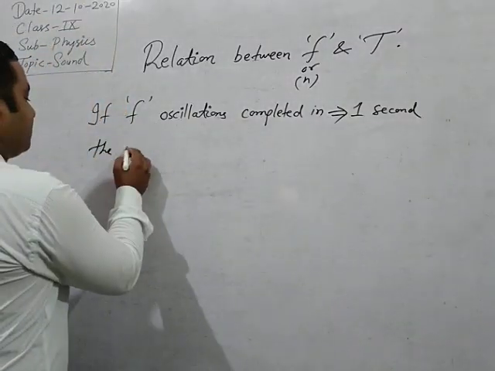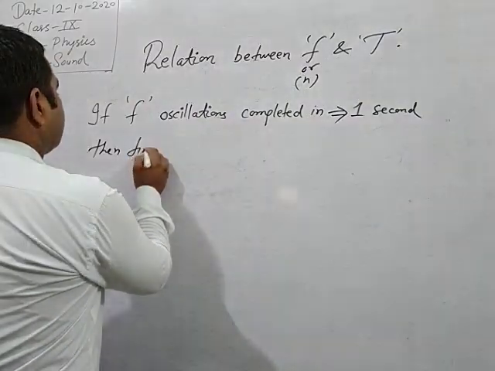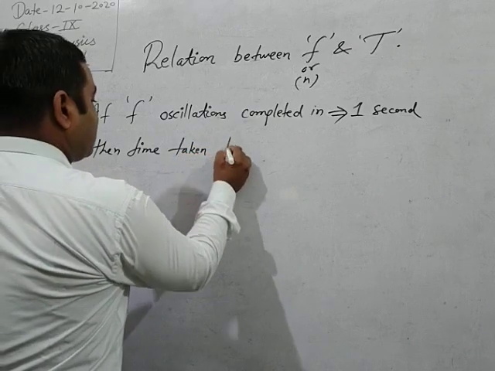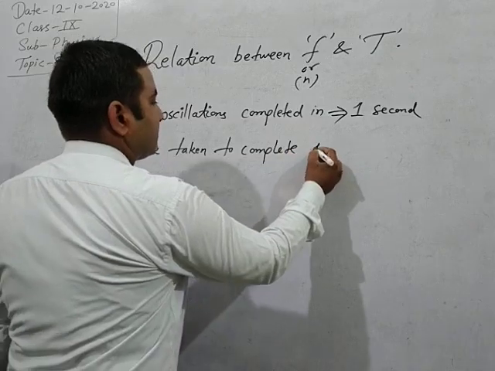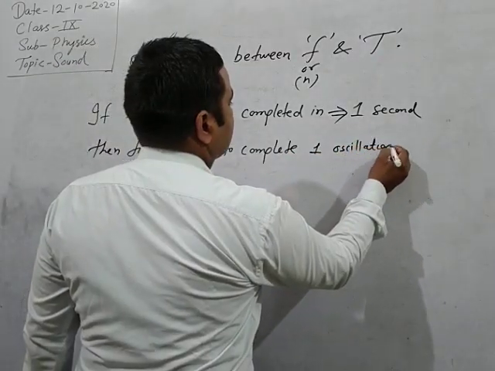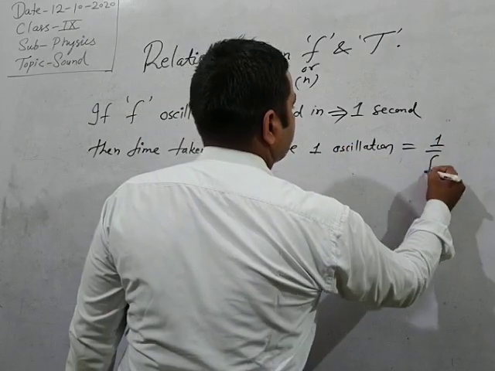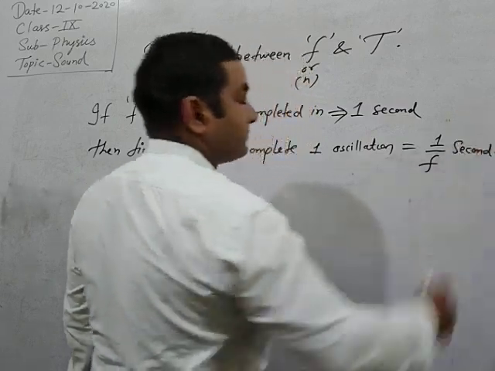So the time taken to complete one oscillation is equal to what? 1 upon f second.